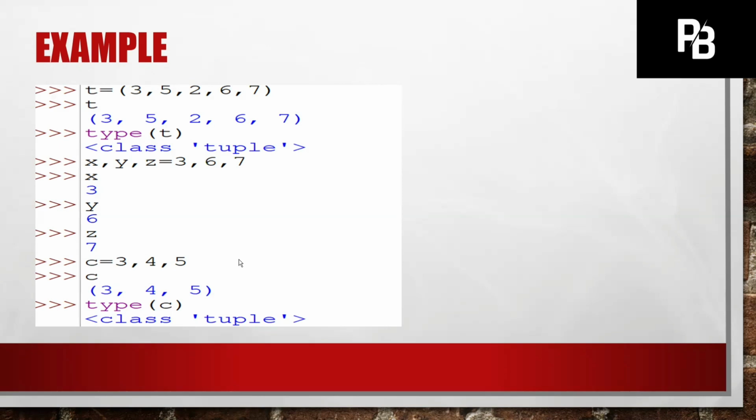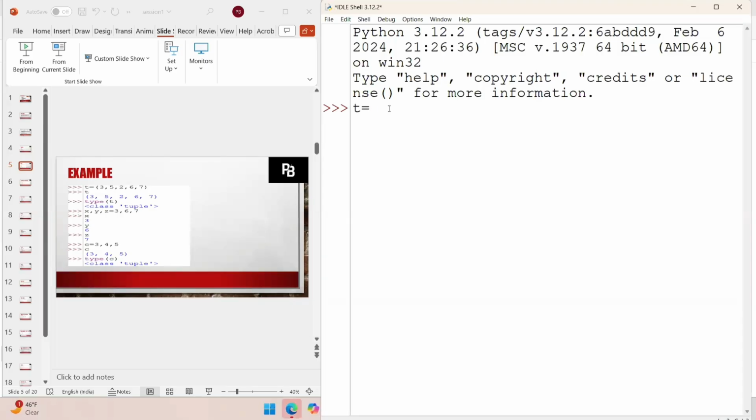Is it clear? Okay, let's check this code on IDLE, students. This will give you a better understanding. Let's start. I have one tuple, students. I print this normally. If I want to check the type of this tuple, we use the type function. So it is tuple, no problem.